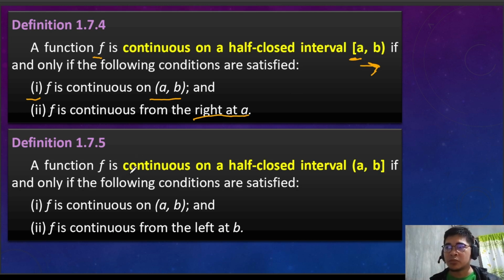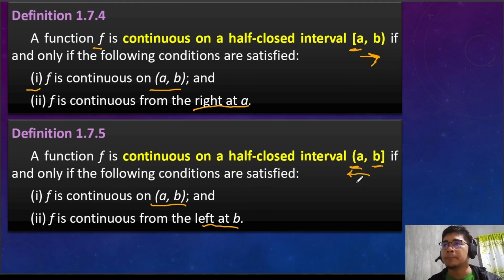The second one is continuous on a half-closed interval. So nakusob na pod. Sa side sa A, we have open. Here, we have the close. If f is continuous on open interval AB, and f is continuous from the left at B. From the left, so in this side. Amo na to timan-an para ma-determine nato kung continuous ba siya.